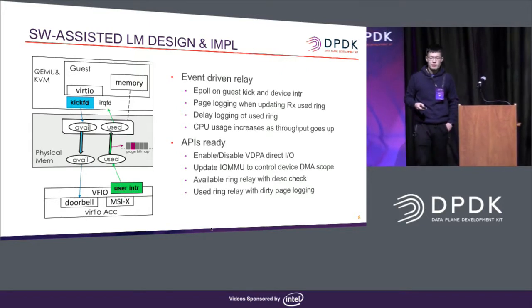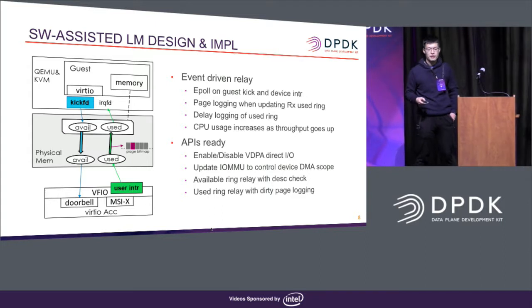And because the relay is in an event-driven working model, when the guest network throughput is very low, the relay thread will consume very little CPU resource. But when the throughput goes high, the CPU usage of the relay thread will also go up. To set up this kind of relay model, we introduced some new APIs.